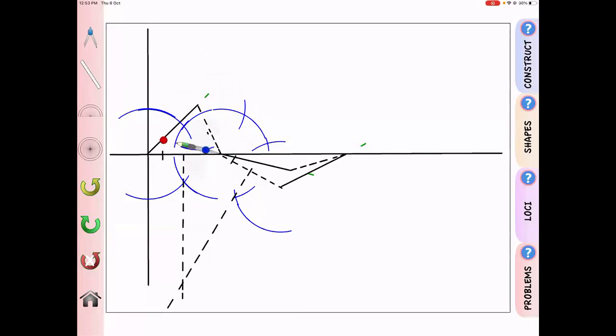It's not crossing actually. It should cross here. Okay, so now we have the midpoint here. Okay, I will extend it.